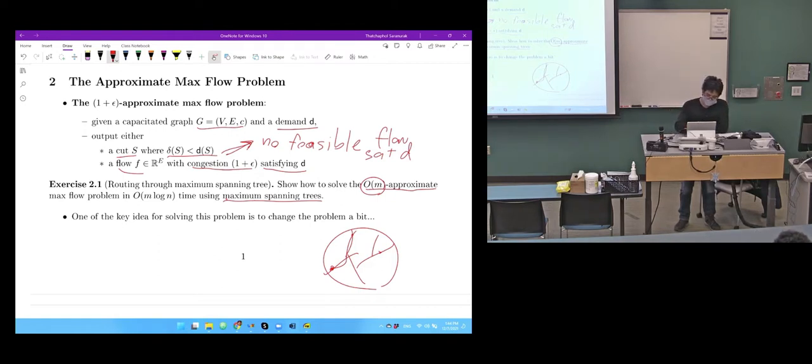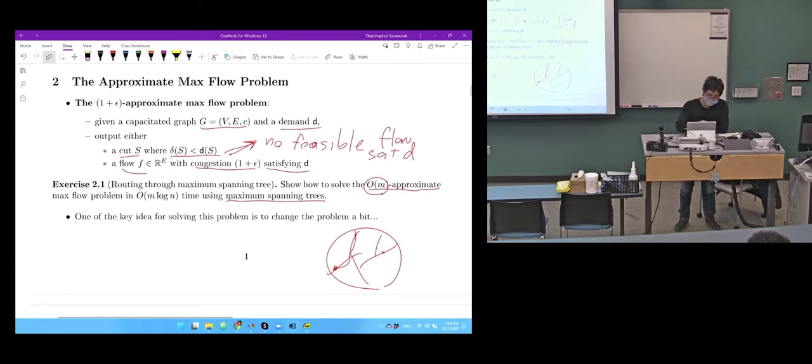Okay. And now we have this problem: either find a cut or find a flow with some small congestion. The first key idea to solve this is that you change the problem a bit.